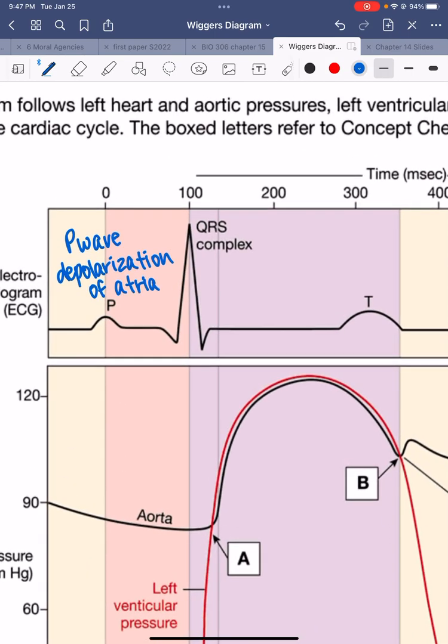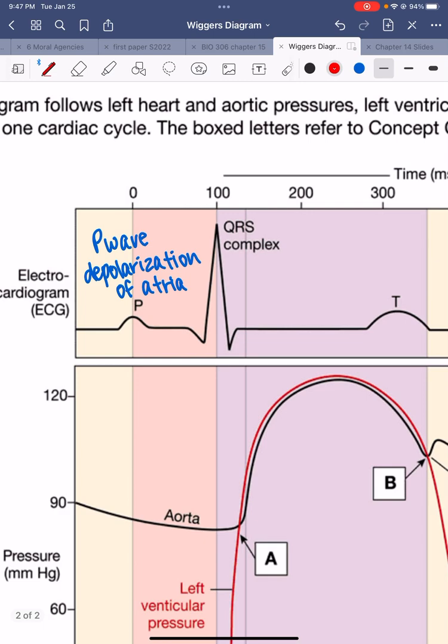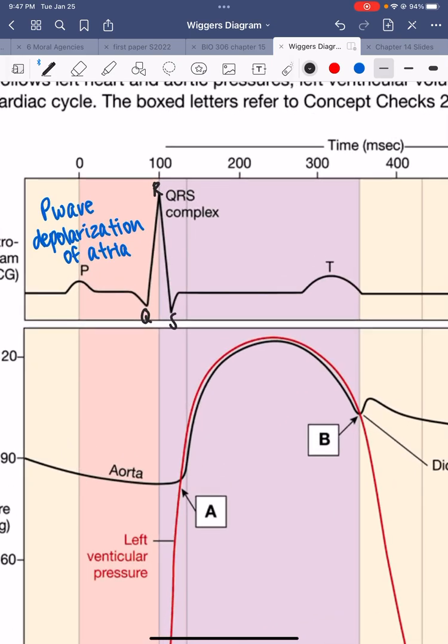And the reason why you can't see it in the EKG line here is because the QRS complex is too big and takes over the small repolarization phase of the atria. And during the time of atrial repolarization, the atria experience diastole due to repolarization, so they're relaxed.